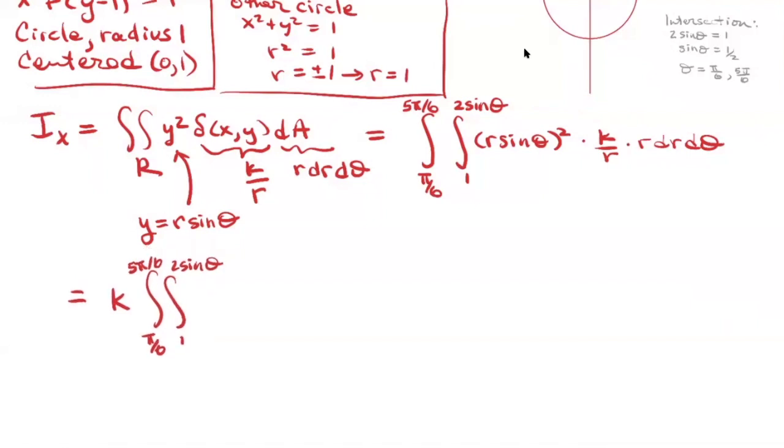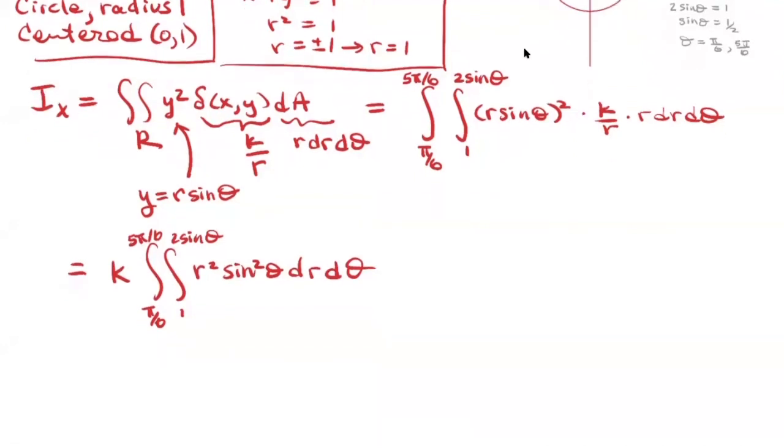Okay, so we're going to have r squared. The other r cancels, so we're going to have r squared sine squared theta. Now, the sine squared actually is a constant right now, so you could actually move that out.